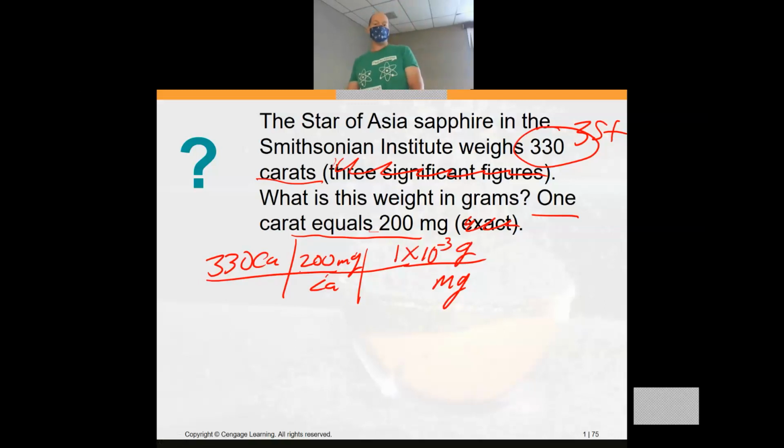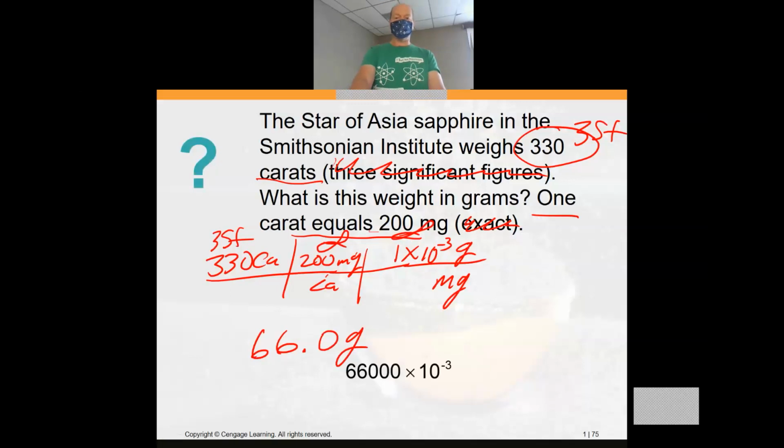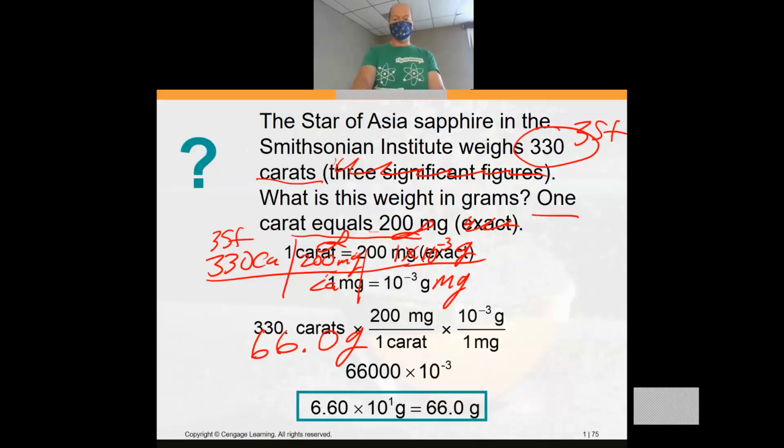All right, so then that is 0.2 times 330, that's 66.0 grams. So here you have 3 sig figs. Here you have infinity. The smaller number between 3 and infinity is 3. And so when you get your answer, it must be to 3 significant figures, which is 66.0 grams, or you could put it in scientific notation, 6.60 times 10 to the first grams. That is also fine.